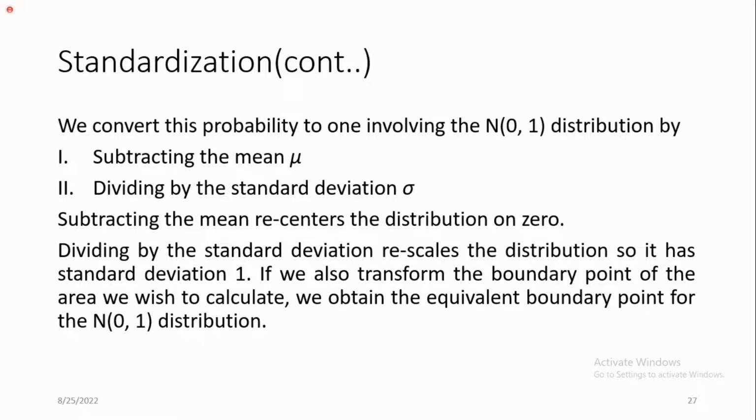The first step is you have to subtract the mean value first, and the difference must be divided by the standard deviation, that is sigma. This procedure is called standardization.